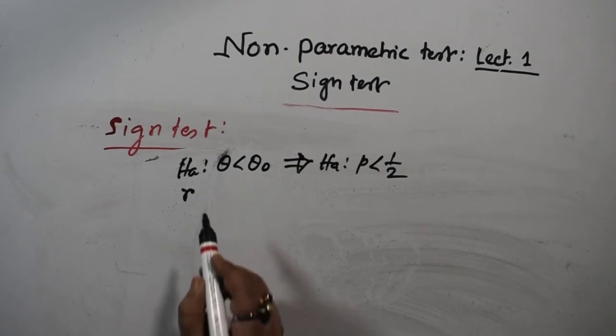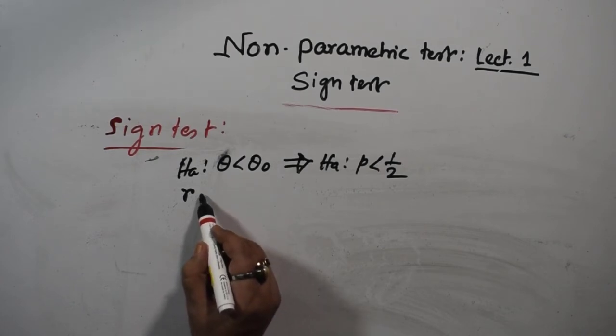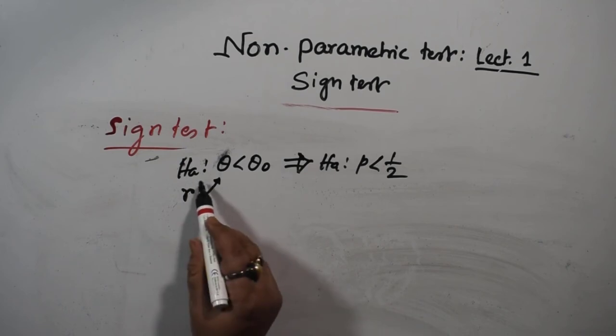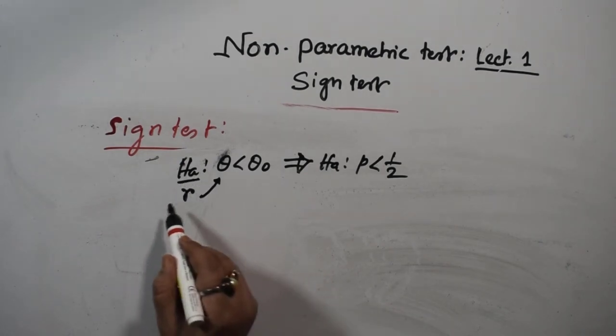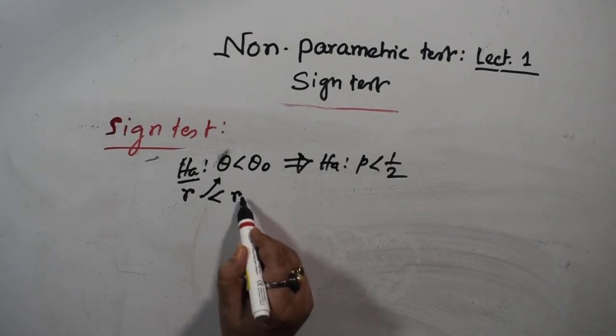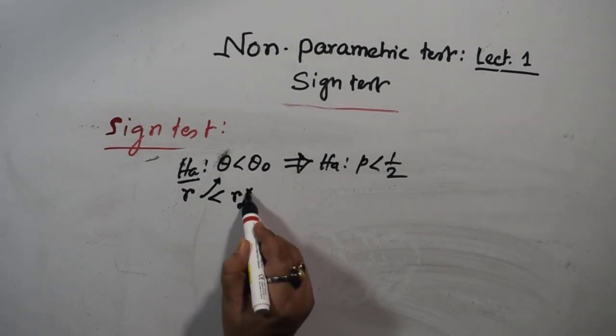If your R is small, this suggests that you reject H naught and accept HA. So the critical region should be R less than R alpha star.